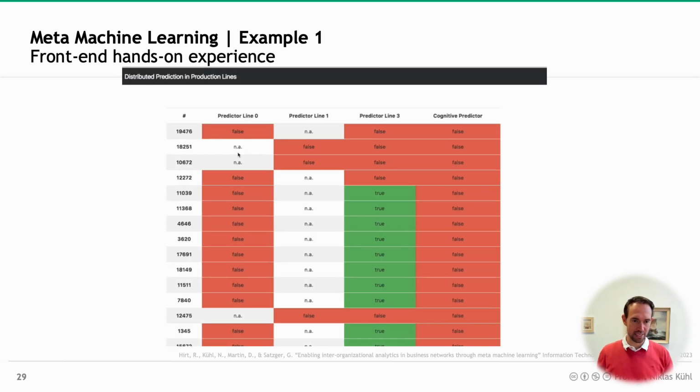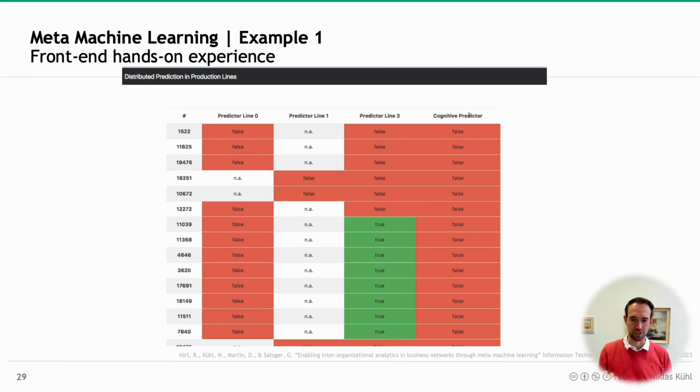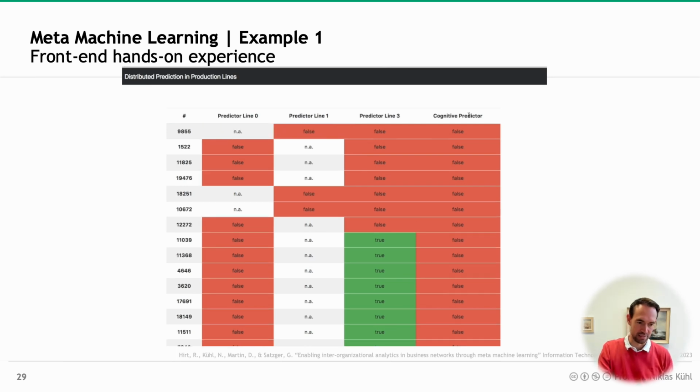So what this does then is it gives you predictors for the different lines and then a cognitive predictor, the meta model on the very end, which does its prediction based on these subclassifiers. So we trained this meta learner just as I described in the stacking fundamentals. So we want to know now, how well does that perform?